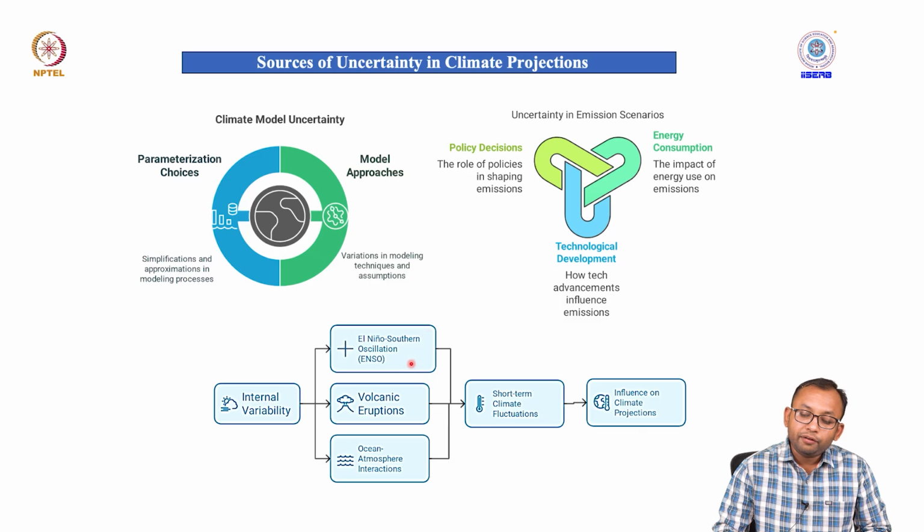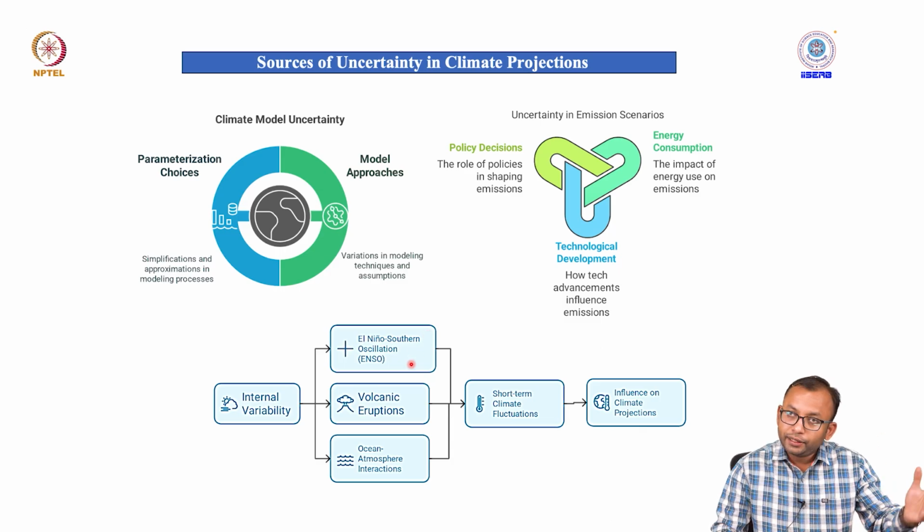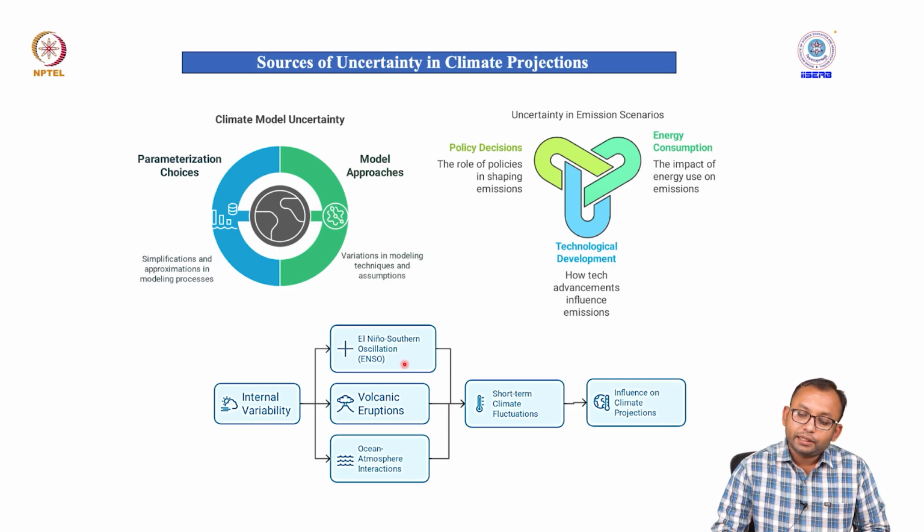Some sort of internal variability is where the elementary uncertainty can also arise. Particularly, let us say if you are modeling the climate of a certain region, there is an ENSO effect, or let us say sudden volcanic eruptions, or let us say ocean-atmospheric interactions. These are the internal variabilities, and they might create some short term climate fluctuations and can also influence our climate projections as well.